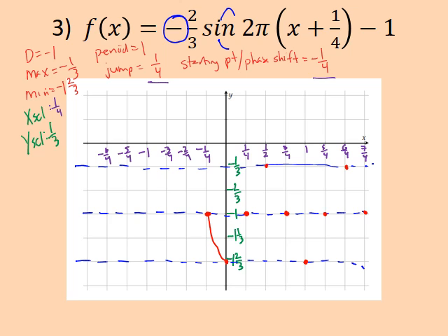So we have so far created our sine graph. Now we've graphed 2 periods, so we're done. But if you'd like to graph more, you can go backwards. Now remember, just in case you're wondering, because it's a negative sine graph, we started at the middle, but then we had to go down to the minimum first.